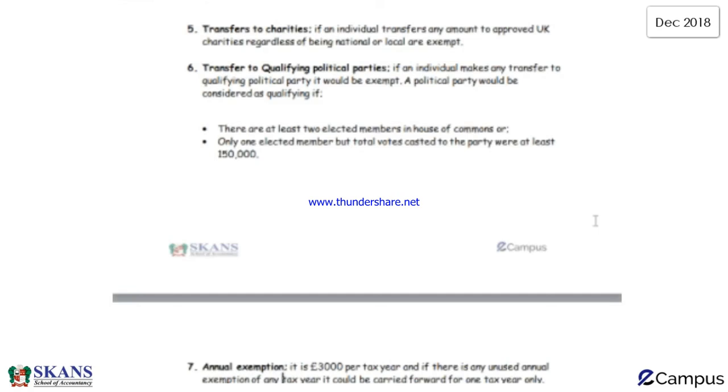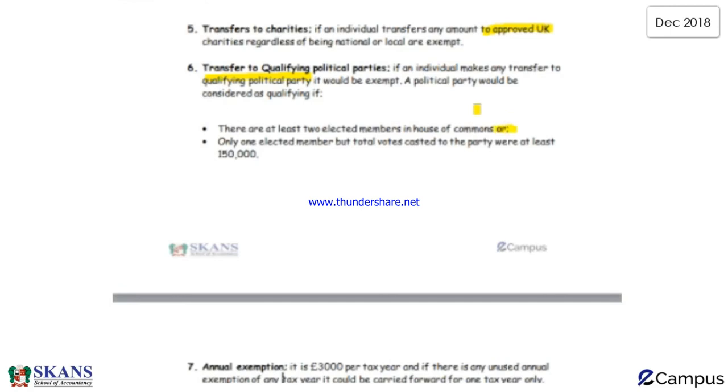Well, the fifth exemption is if an individual is transferring any value to any approved UK charity, or to a qualifying political party. For a charity to be a qualifying charity, it just needs to be an approved charity. But for a political party to be qualifying for an exempt transfer, we need to consider the following two conditions.